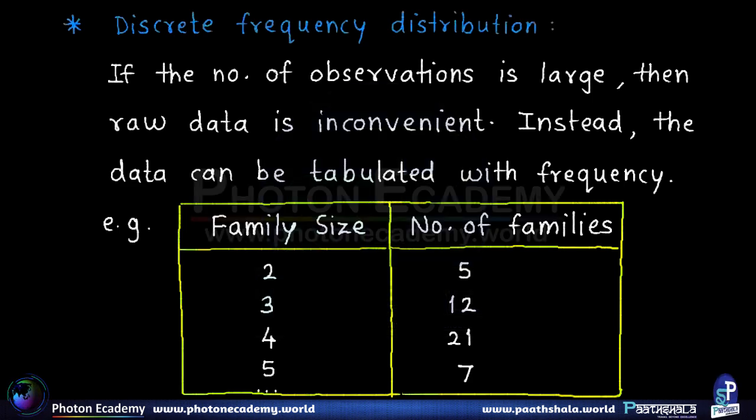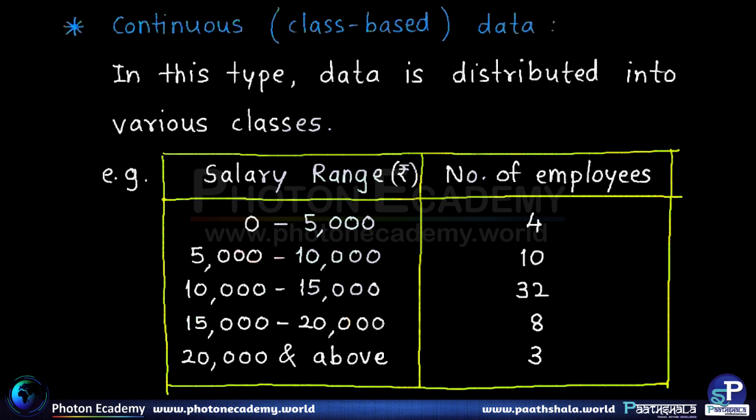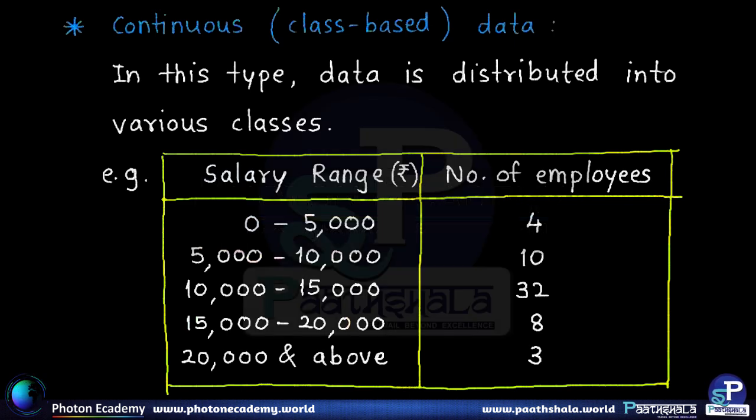Now let's go on to the third type, that is continuous or grouped data. This is class based, which means that in this type, data is classified into various classes. Here also the total number of observations is very large, so we have to group it in some way, as shown in this example.